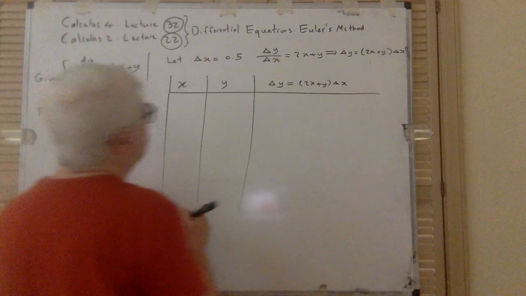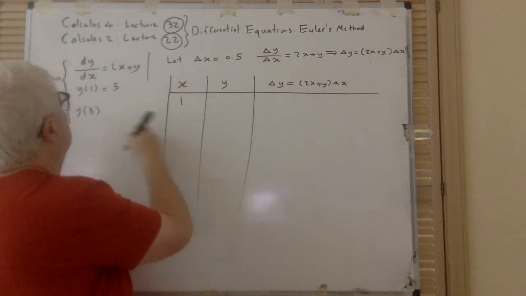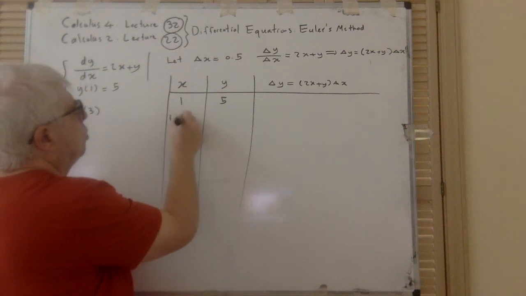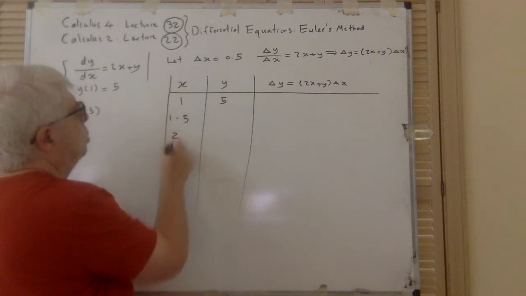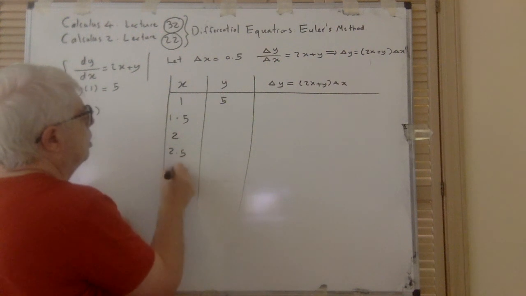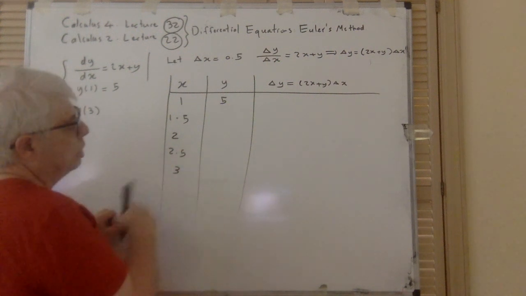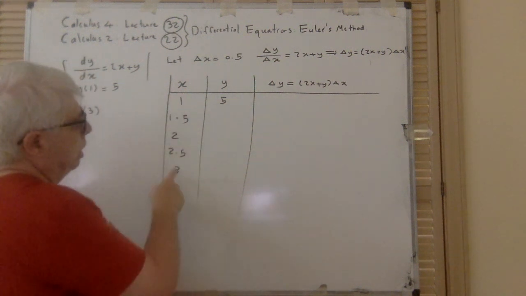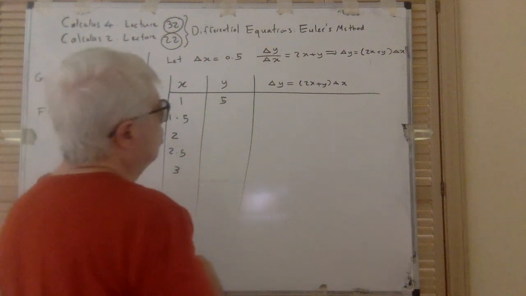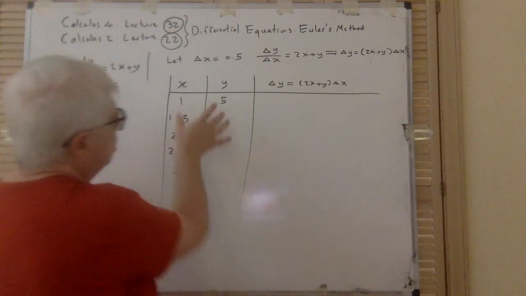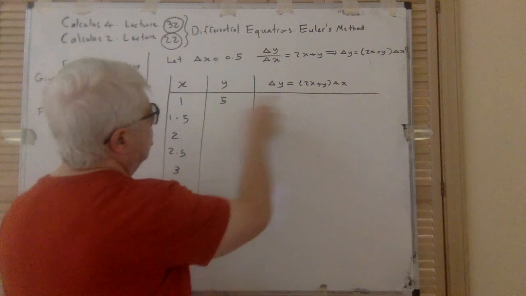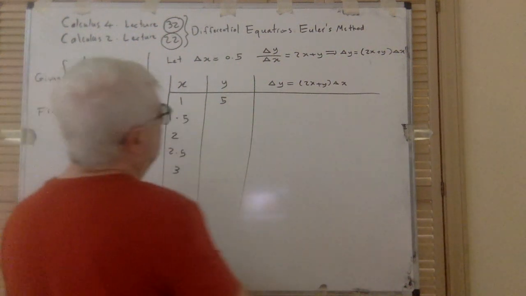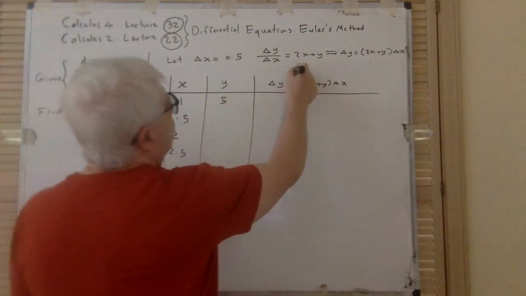Now delta x was 0.5 and I start with 1 and 5, so that's my starting point. Then next is 1.5, then it is 2, then it is 2.5, and then it is 3. So this is my goal, to find an approximate value for y at 3, or the value of the function at 3. So these are the x and y's at every step. So I start with x, y, 1 and 5, and delta x equals 0.5.